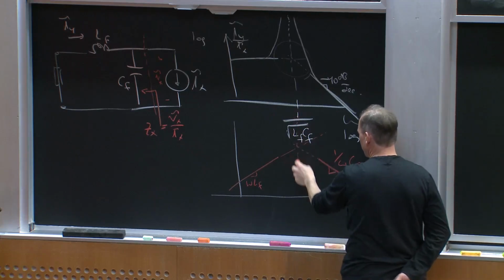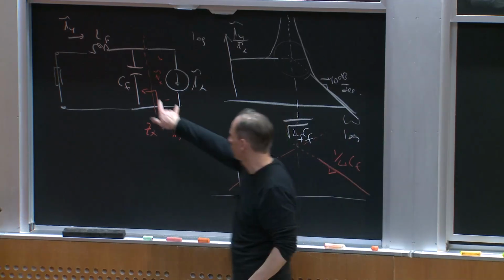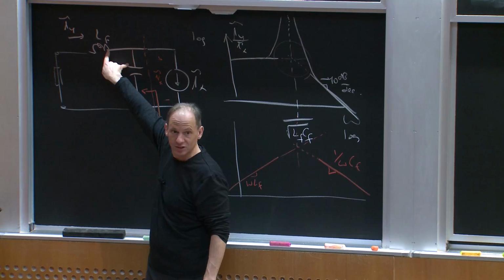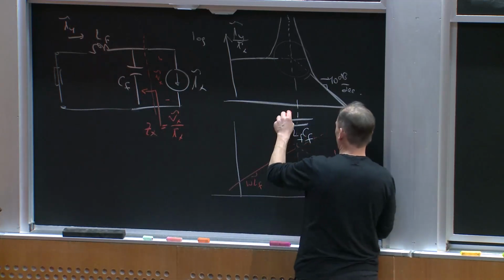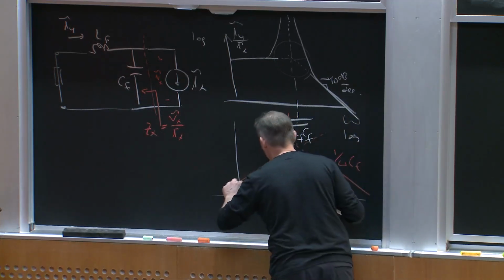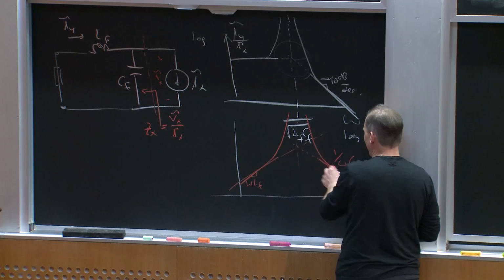And right at this cutoff frequency, these two are in parallel, and these are resonating against each other, right? One has a positive admittance, the other has a negative admittance, and they cancel. And this impedance would go off to infinity. Okay, so you're looking sort of back into an open circuit.